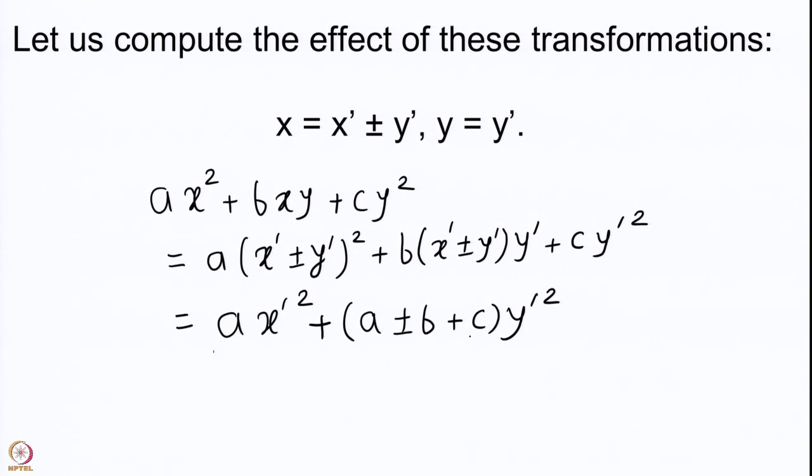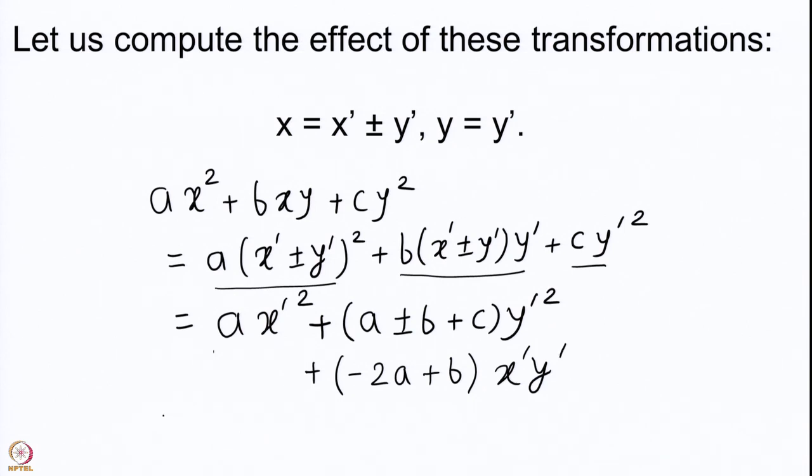So, q is 1 or minus 1, and therefore, you get a plus or minus b plus c, and also obtain the coefficient of x prime y prime, that would come from here. You would get minus 2a x prime y prime coming from this part, x prime y prime coming from here is plus b, and there is no x prime y prime coming from here.